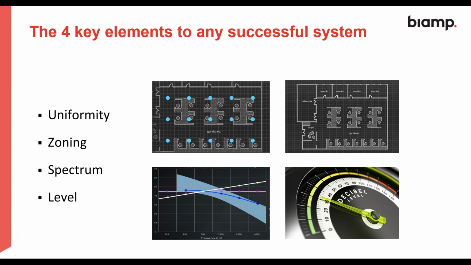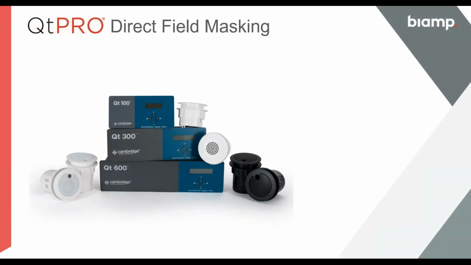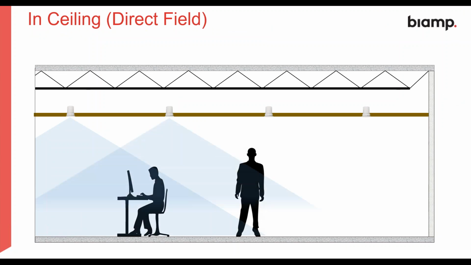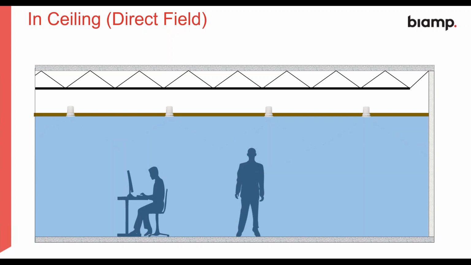A recap on the QtPro direct field sound masking, which is what we're talking about this morning. So this is where speakers or emitters are fitted in the ceiling itself. So the speakers go in the ceiling, and the sound comes down from the ceiling to the users.